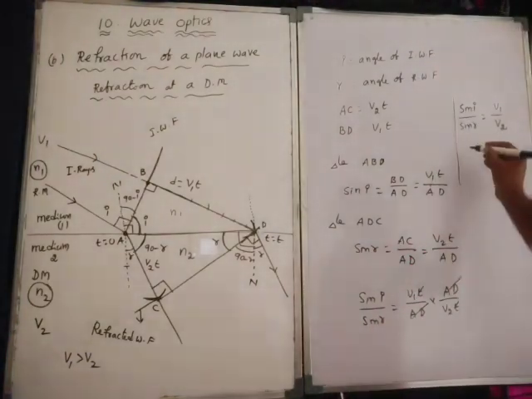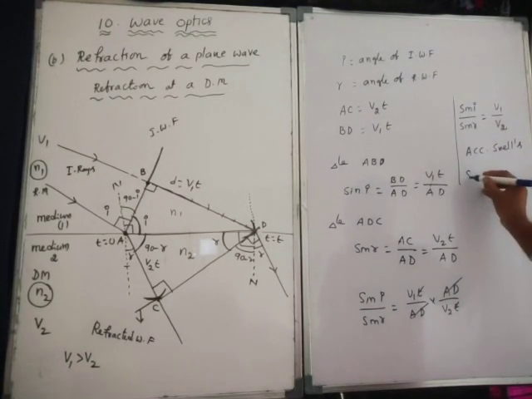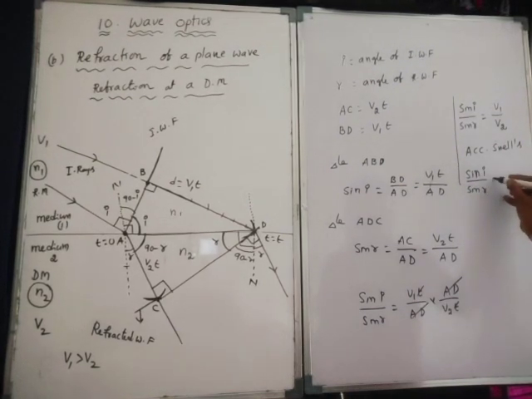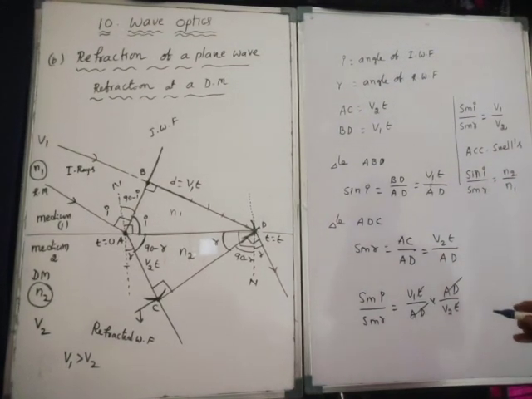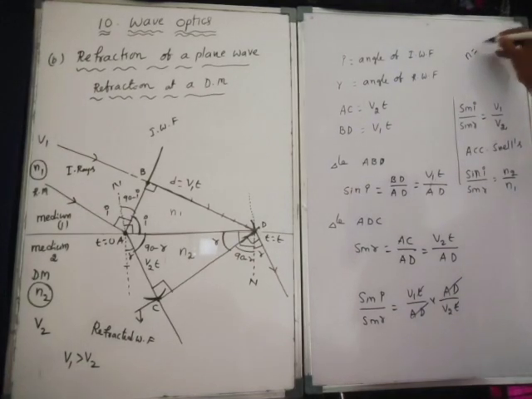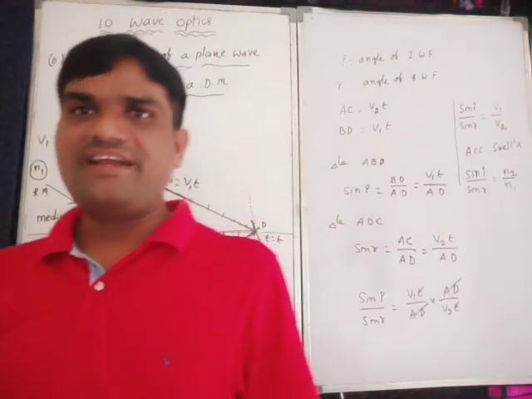So, according to Snell's law, sin I divided by sin R is equal to n2 by n1, instead of V1 by V2. One more derivation we also know: refractive index N is equal to the speed of light in vacuum to the speed of light in medium.